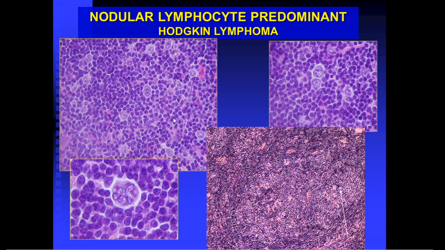Actually, Reed-Sternberg cells were previously B lymphocytes, but they lose their differentiation, and the marker for B lymphocytes classically is not expressed on the Reed-Sternberg cell.